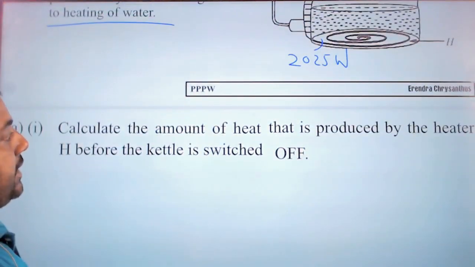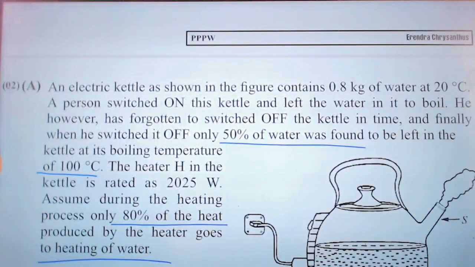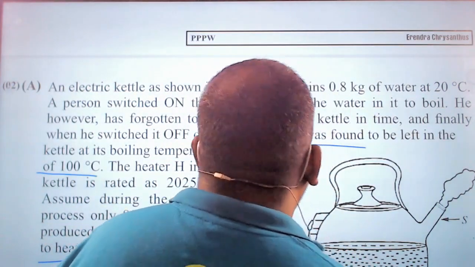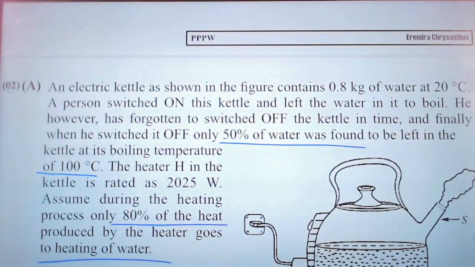Calculate the amount of heat that is produced by the heater before the kettle is switched off. Right. Before the kettle is switched off. Okay.